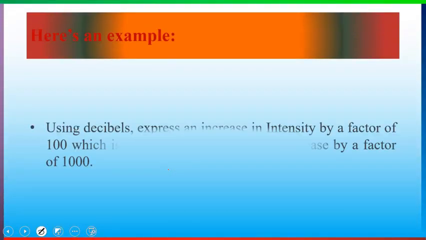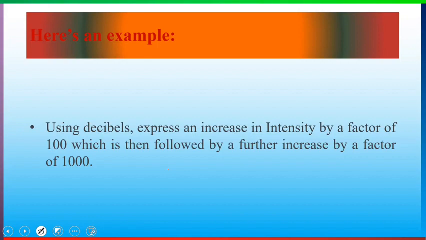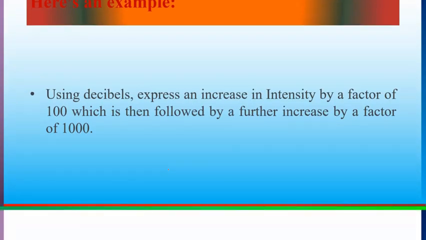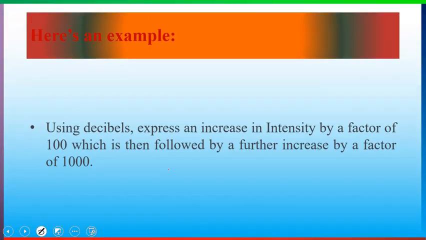Now here there is an example which is a little bit different. You can see: using decibel, express an increase in intensity by a factor of 100, which is then followed by a further increase by a factor of 1000. So this is an example with a different twist.